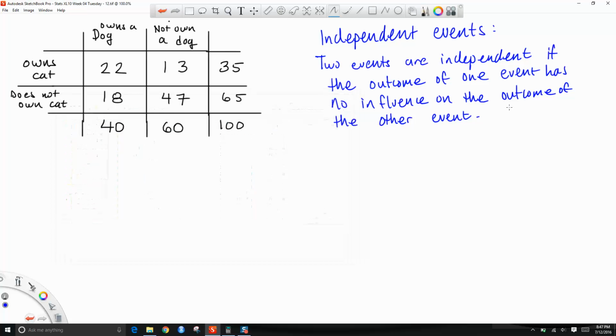Two events are independent if the outcome of one event has no influence on the outcome of the other event. So, you know, if we have two coin flips, those are independent events. If I get heads on the first coin flip, it has no influence on the next coin flip. Okay? And so we could ask, is owning a dog independent of owning a cat?